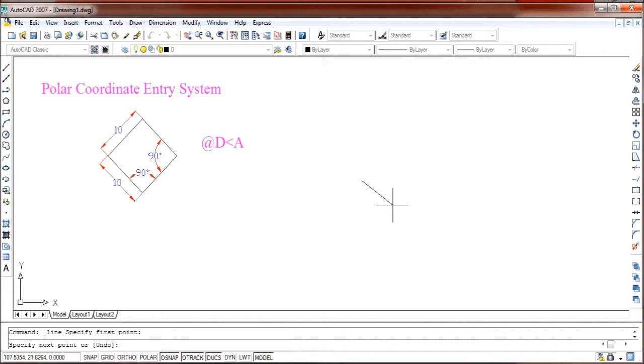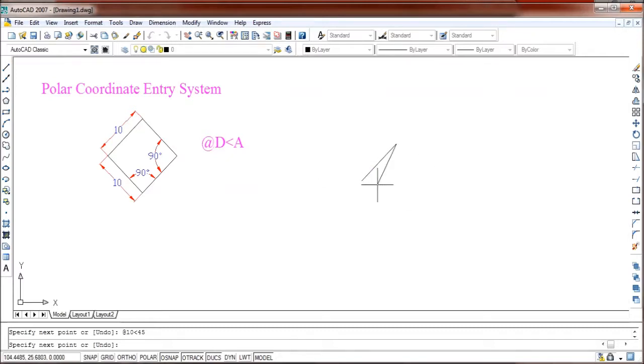We take 45. The distance is 10. So my next point will be @10<45. Then press enter. So you get this one.